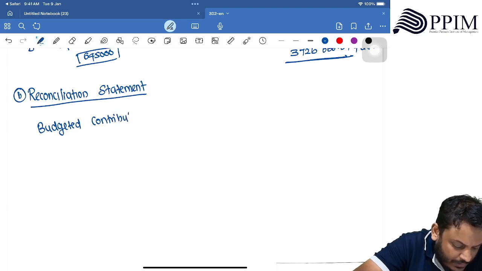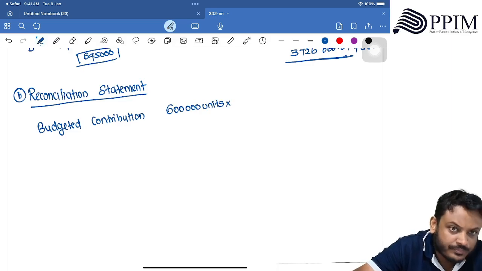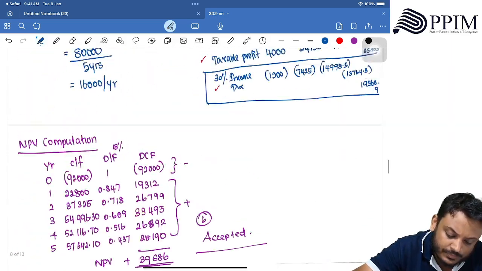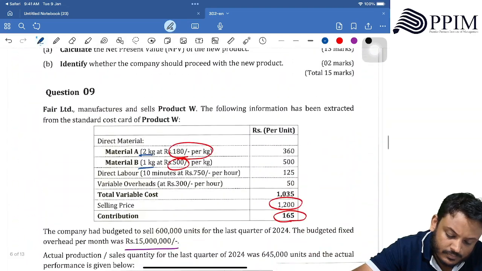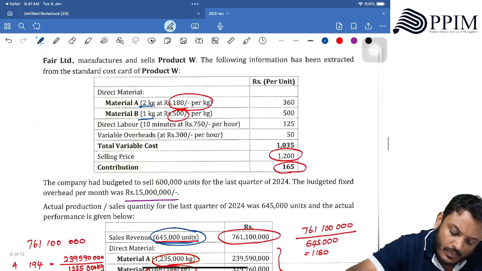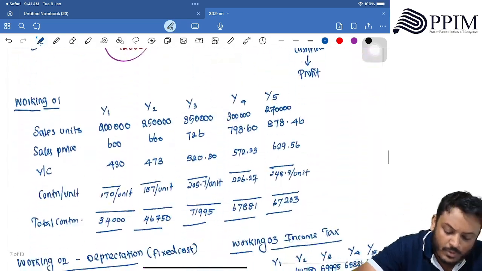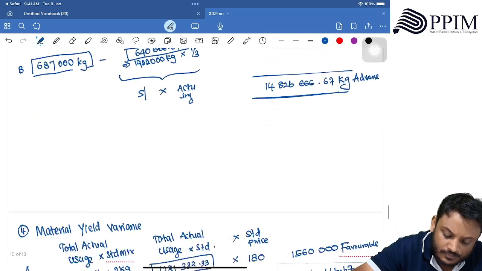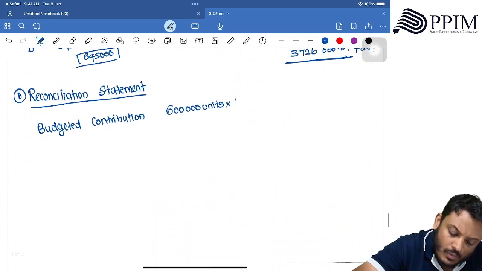So budgeted units 600,000 units, and the contribution is given 165. 600,000 into 165 equals 99,000,000.